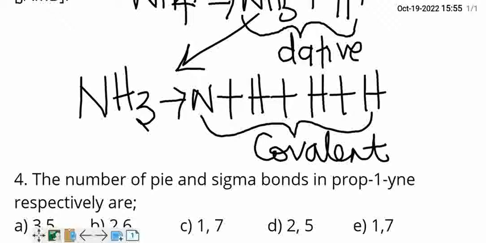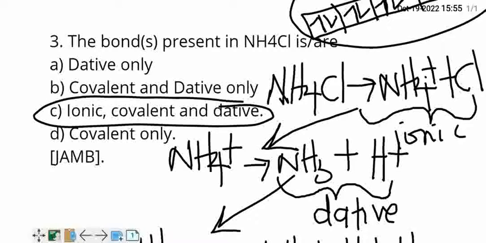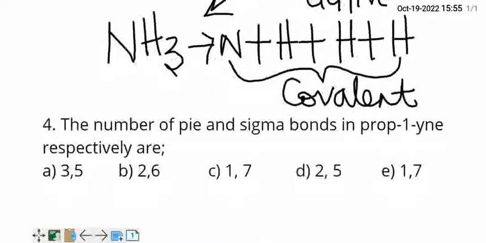That is why it is ordinary covalent. It is dative because all the electrons shared are contributed by only the ammonia molecule. So as I have explained, ammonium chloride contains these 3 types of bonds: ionic, covalent, and dative. I go on to question 4.